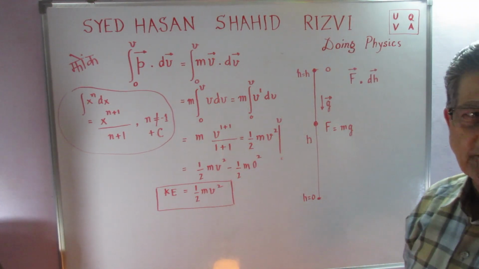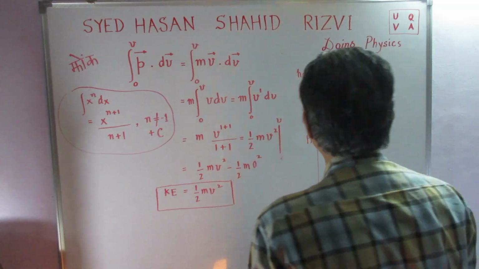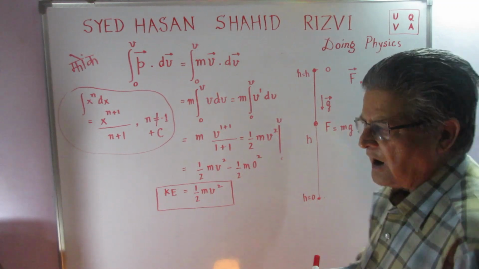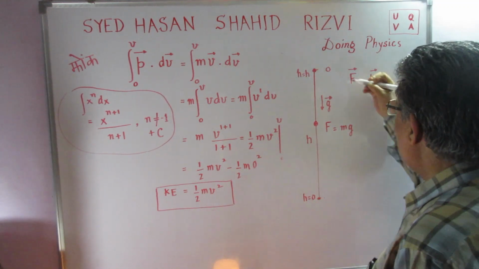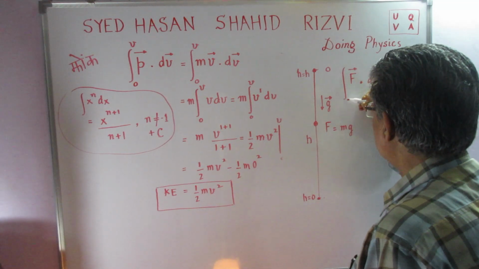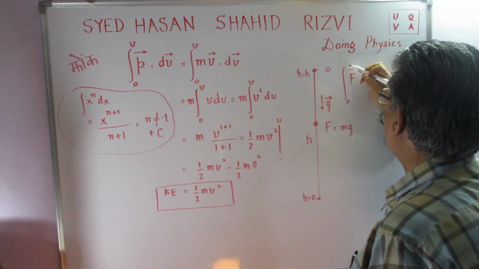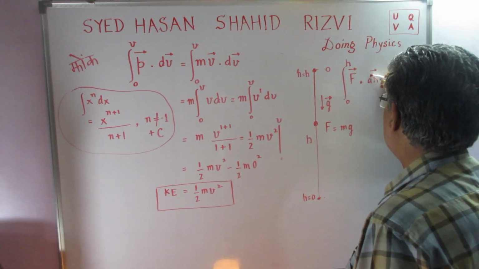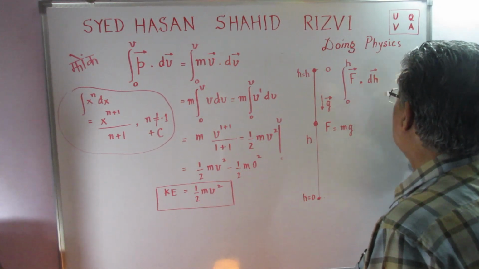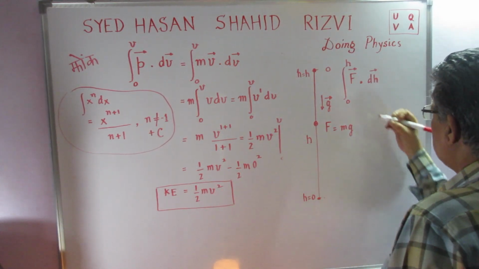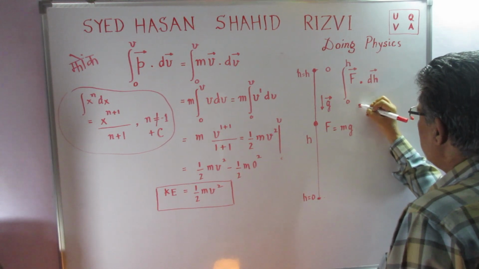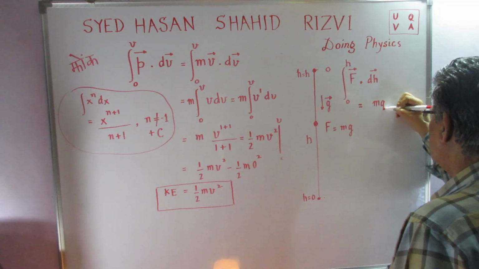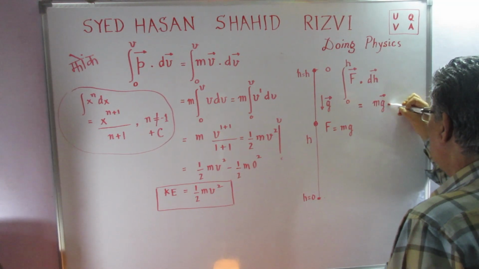I could take it y, I could take it z, or whatever you like, it doesn't matter at all. By virtue of its changing height, I have again the same definition: integral 0 to h, or h to 0, of F equal to mg, dot dh.